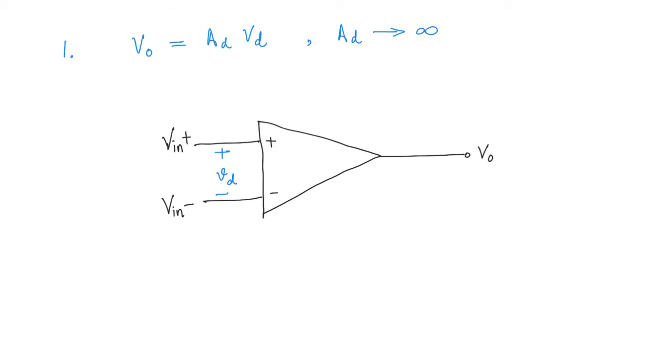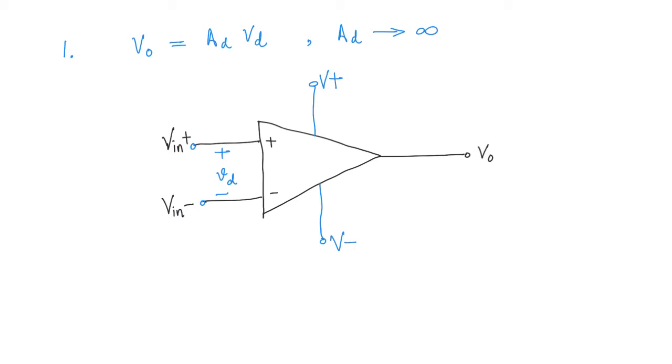And that is true, other than the fact that we have not accounted for the two power supplies. So let's call this V plus, the positive power supply, and let's call this V minus, the negative power supply.